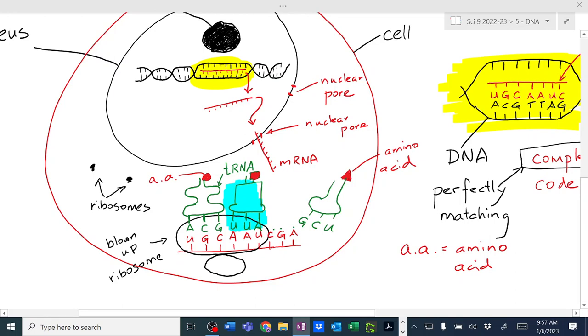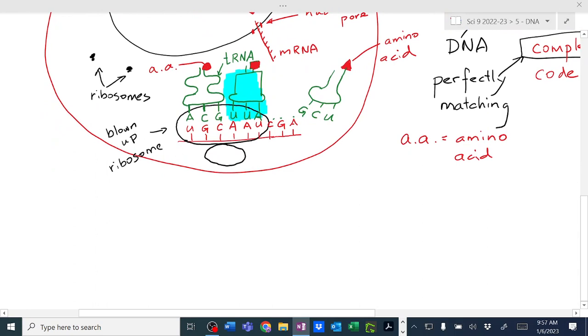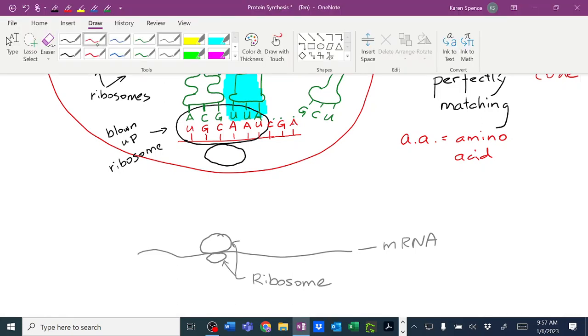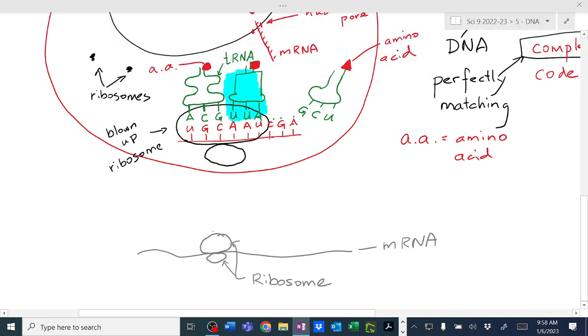Now what that's going to look like, sort of without as much detail, is we would have our mRNA, we would have our ribosome, and then coming out the top of the ribosome, we would have amino acids, and they would start forming a chain and turn into a protein.